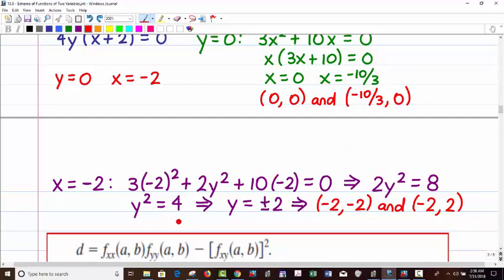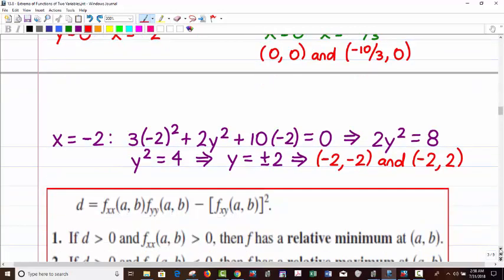I got y squared equals 4, and we have to be very careful because there's two answers to y squared equals 4. It's y equals positive and negative 2. Now we have two more points, negative 2, negative 2, and negative 2, positive 2. So actually we have 4 critical values to test for this one.